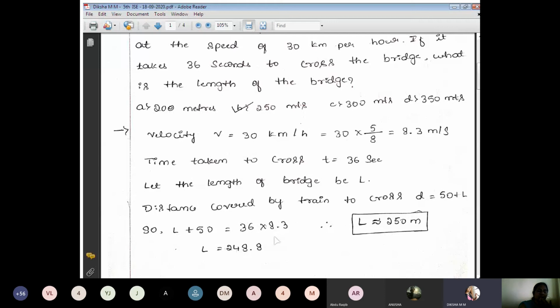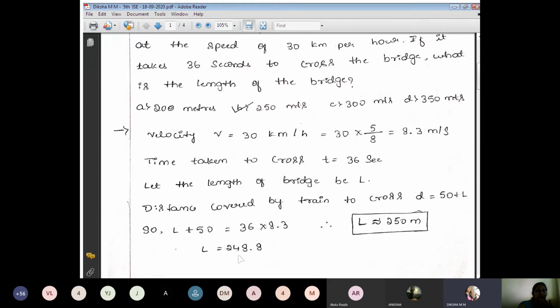So we apply these values in the formula. Distance is equal to speed into time. Distance means L plus 50, the speed is 8.3, time means 36. So L plus 50 is equal to 36 into 8.3, which is 298.8. Plus 50 goes to that side, so 298.8 minus 50, the answer is 248.8.